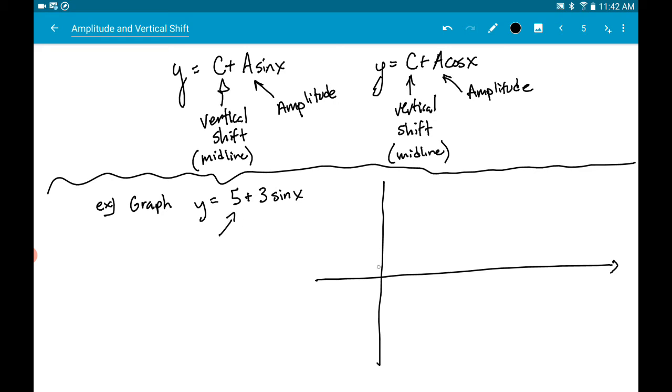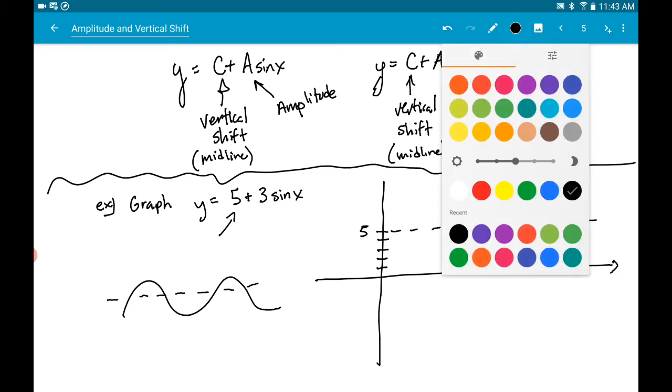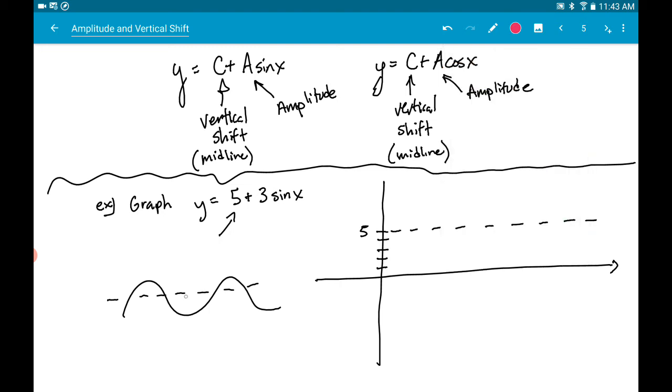I look at the 5, and that's the first thing I label. That's going to be where my midline is. And that means that your sine curve is going to be wrapped around the midline. But we talked about how the amplitude is this distance. And in this case, the amplitude means that these have to be 3.